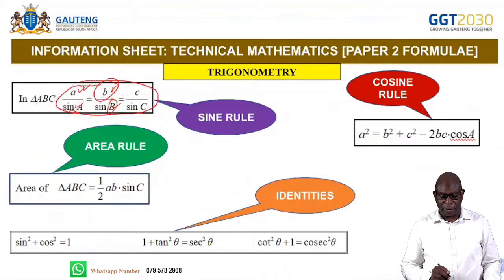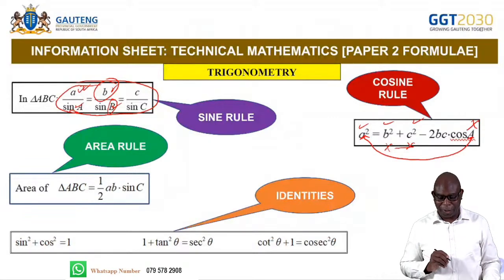The cosine rule is also very useful. It's used when I've got three sides given and I need an angle, or I've got two sides given and the angle must be opposite that side. That's when I use the cosine rule.